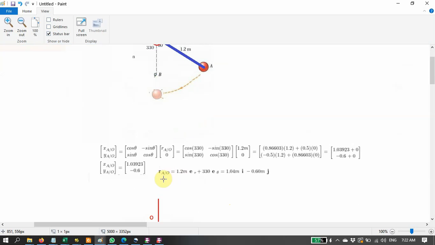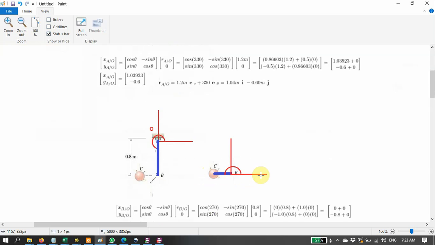So we obtain the position of the ball at initial state A with respect to O, written in the cylindrical polar coordinate system: 1.2 meters at 330 degrees in theta, which is equal to 1.04 meters in x direction and minus 0.6 in y direction.